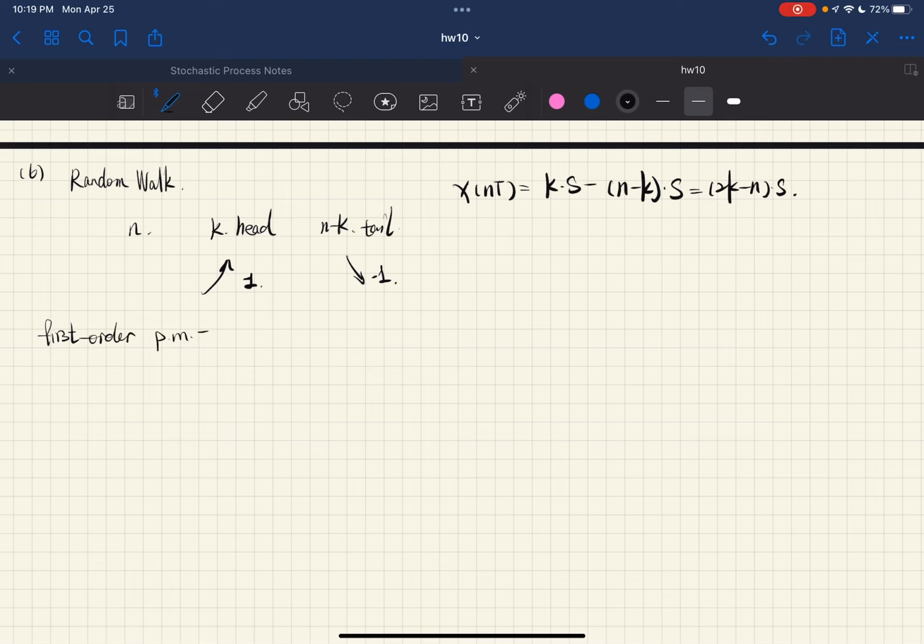So we have the first order PMF equals the probability of xt being xnt, because we have n trials, equals 2k minus n times s equals rs. So we have the probability of k equal to this one, because when we solve this equation, we get k equals n plus r divided by 2.